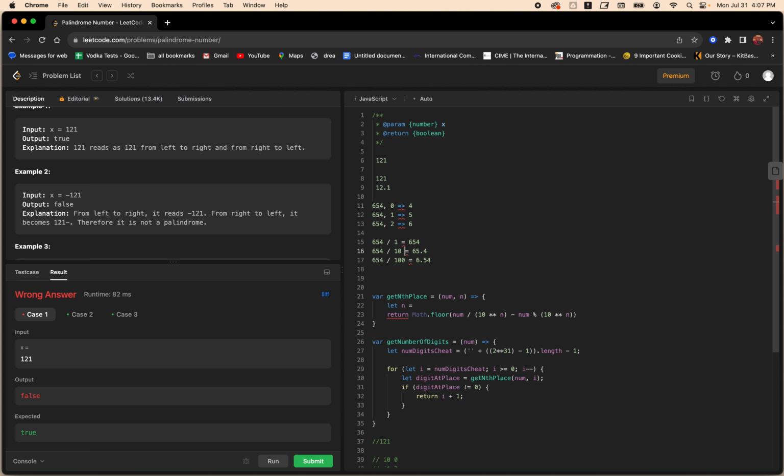In this case, it does not. Why doesn't it? Because we still have this. If I just do the floor, right, I get 6, 65, and 654. I want this to be modulo 65, and I want this to be modulo 60.